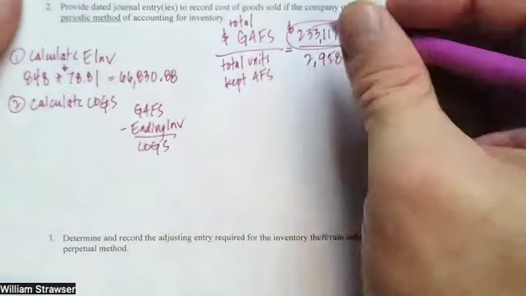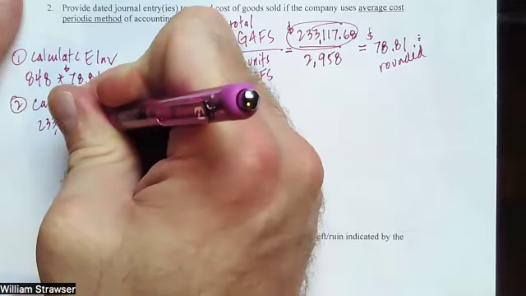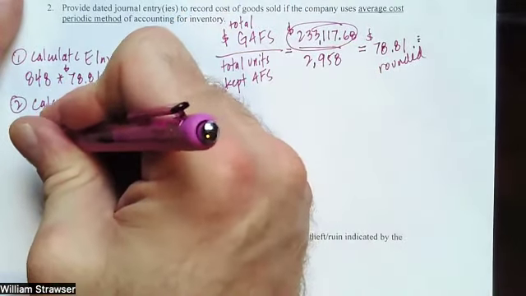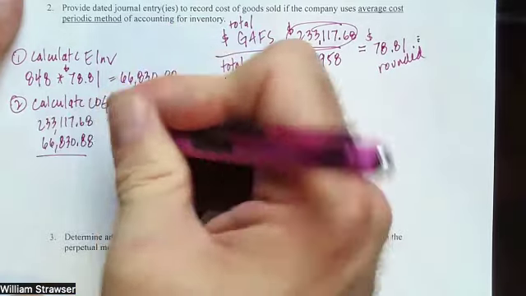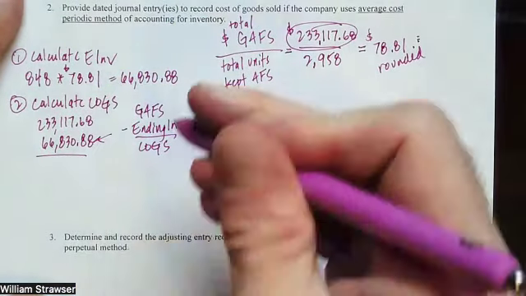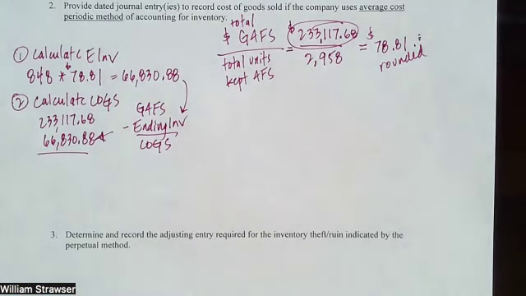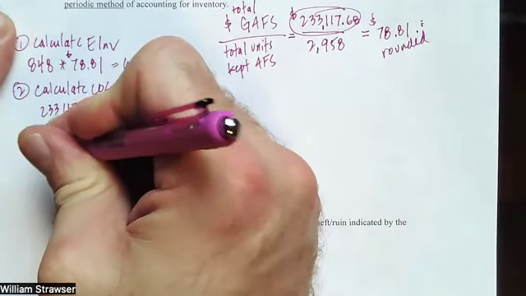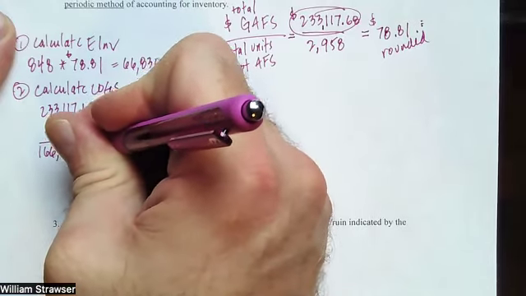So $233,117.68 minus the cost of goods sold gives me, sorry, not minus the cost of goods sold, minus the ending inventory that I calculated in step one gives me $166,286.80.